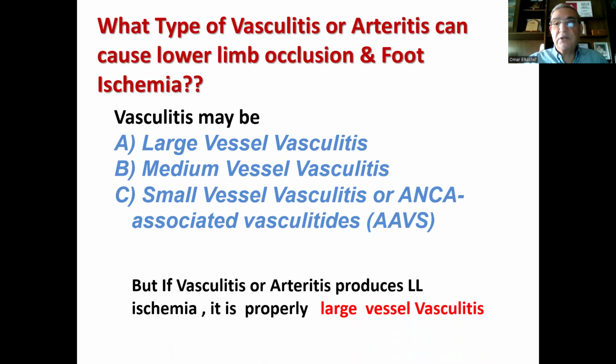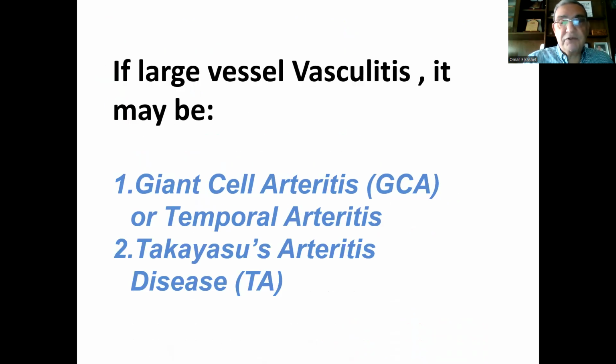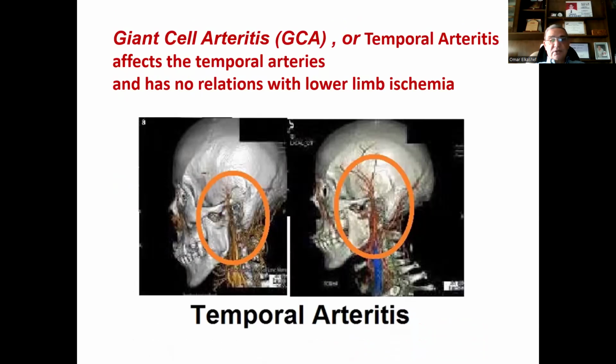But vasculitis that produces lower limb ischemia is probably large vessel vasculitis. If large vessel vasculitis, it may be giant cell arteritis, or temporal arteritis, or Takayasu arteritis, or Takayasu disease.